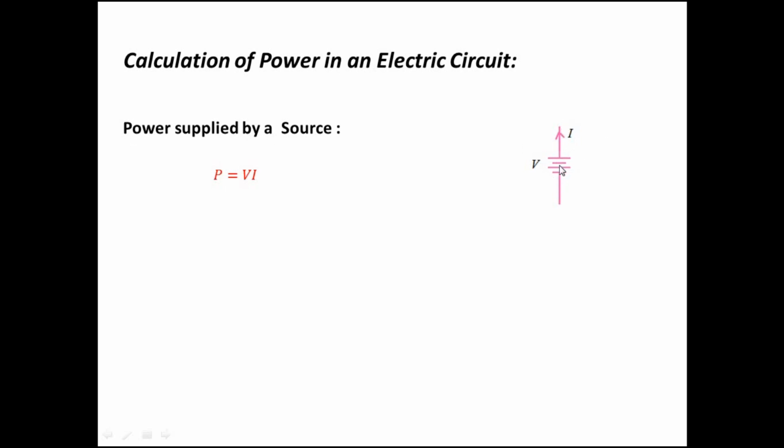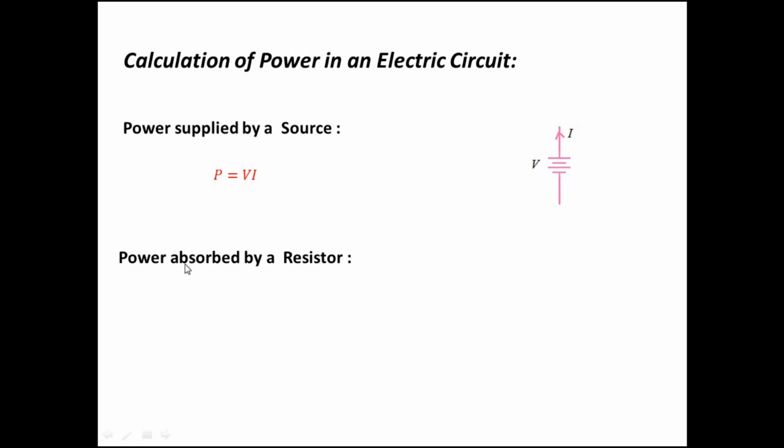If current is entering the voltage source, the power is consumed by the source. Anyway, P equal to V into I, where V is the voltage of the source and I is the current delivered by the source.